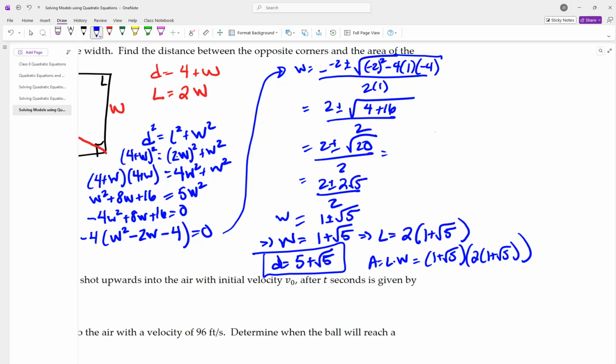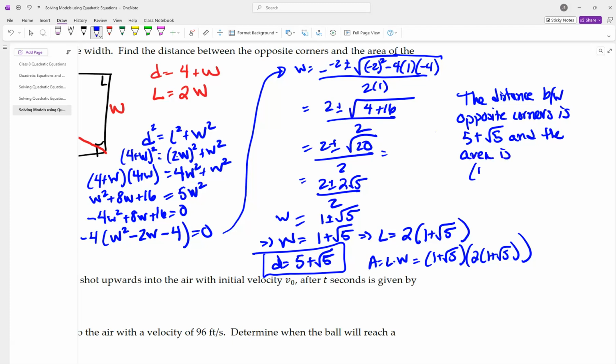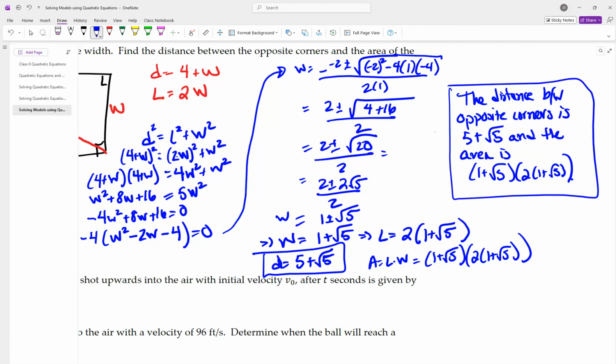So I'm just going to say the distance between opposite bases or opposite corners is 5 plus square root of 5, and the area is 1 plus square root of 5 times 2 times 1 plus square root of 5. There we go.